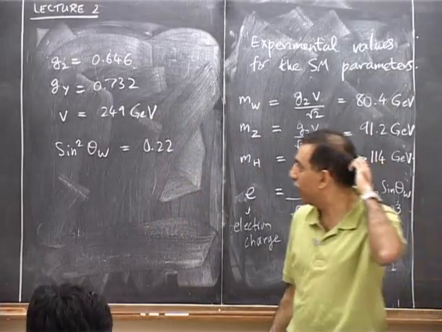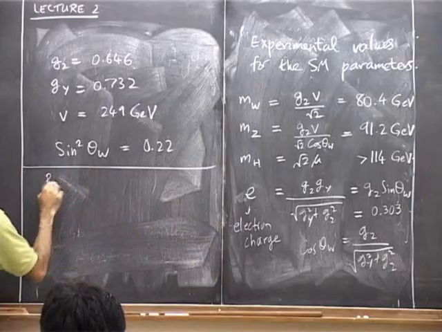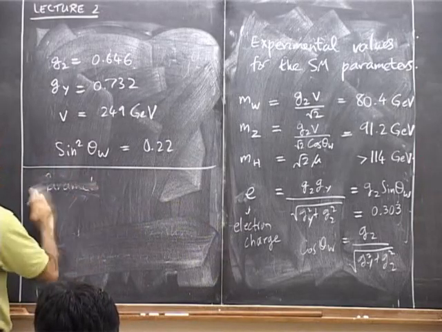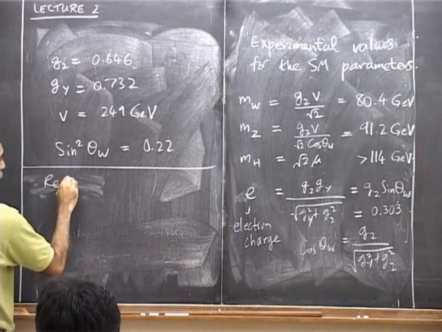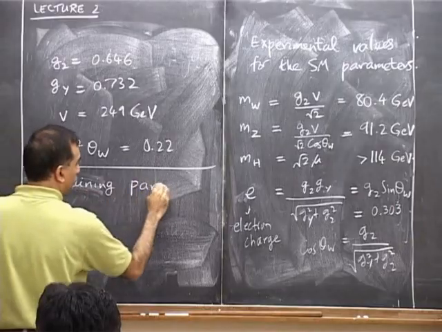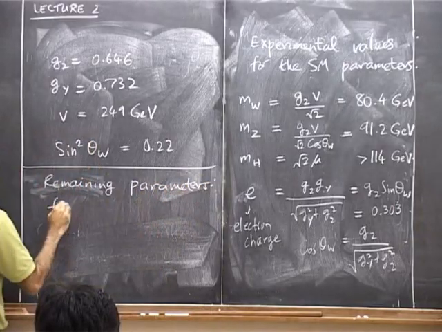For the fermions, the remaining parameters are the ones which give you the fermion masses and mixing.